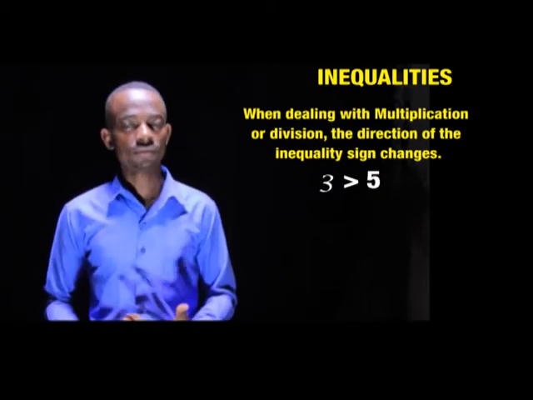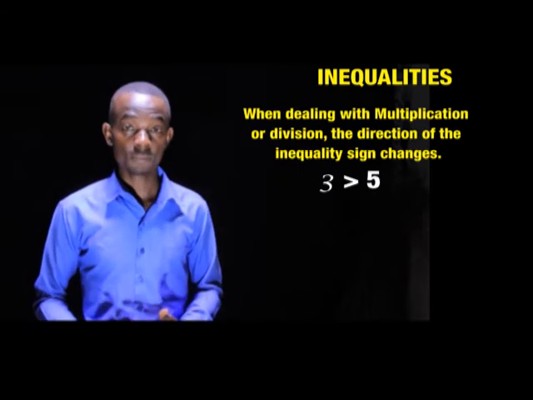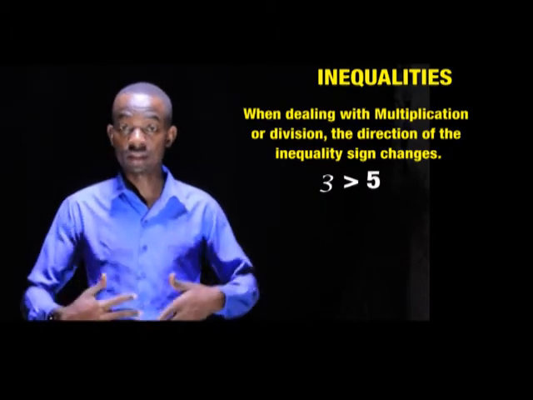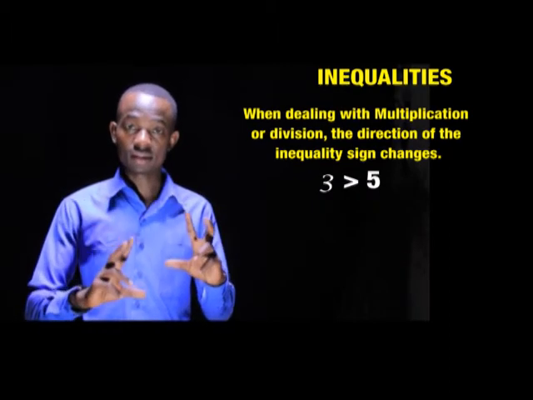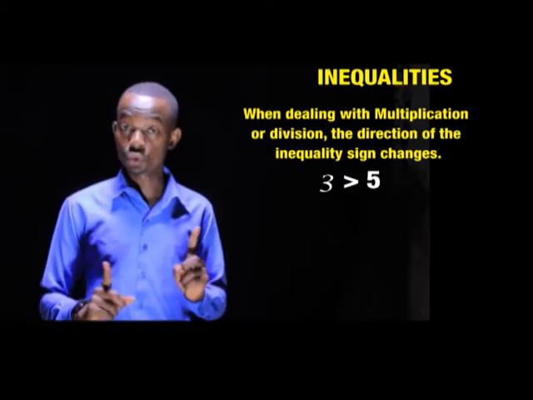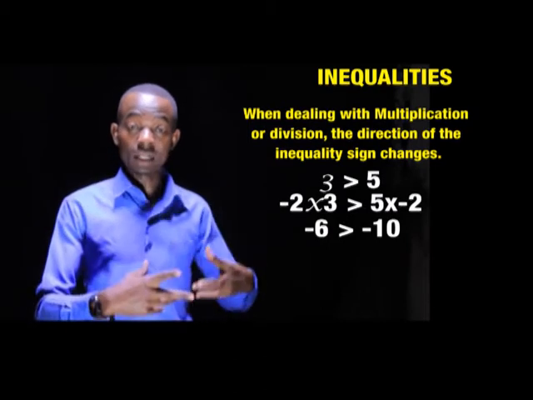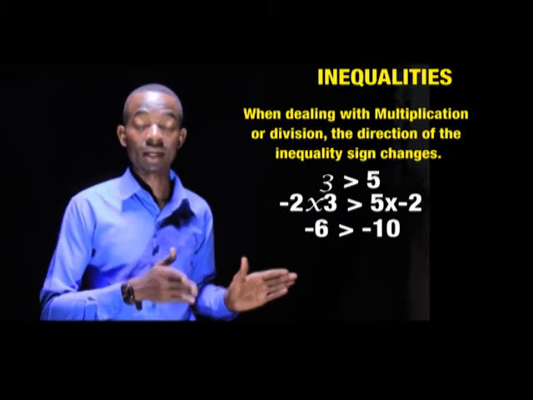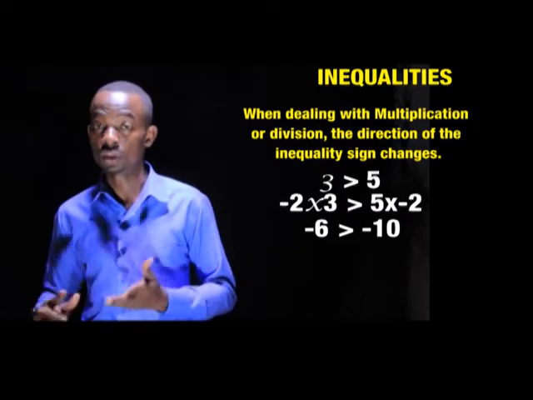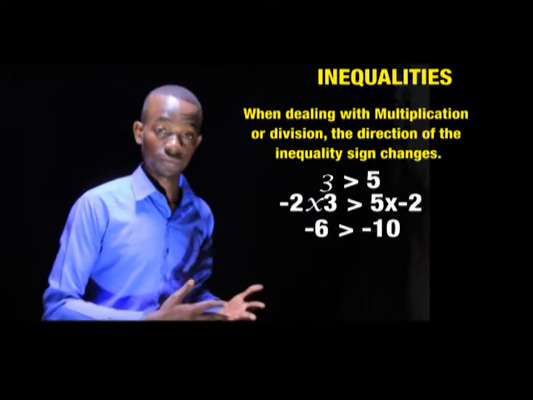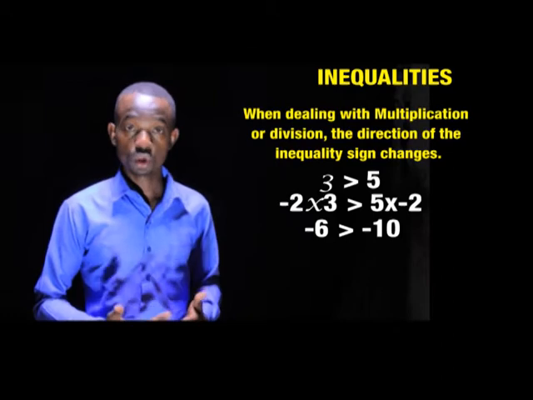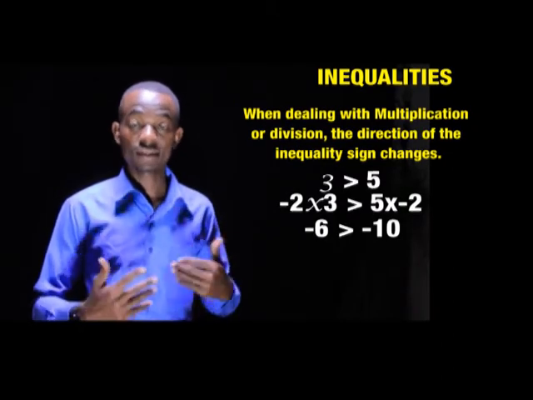For example, I may have the inequality 3 is less than 5, and that is true. If I decide to multiply by negative 2 on both sides, on the left hand side where there is a 3, I have 3 times negative 2, which gives me negative 6.